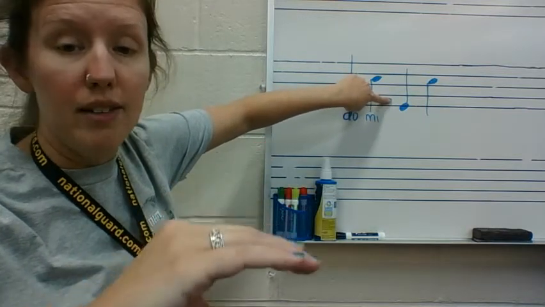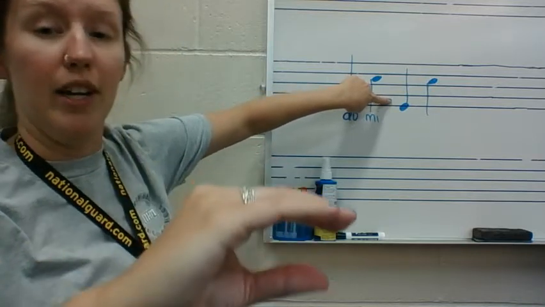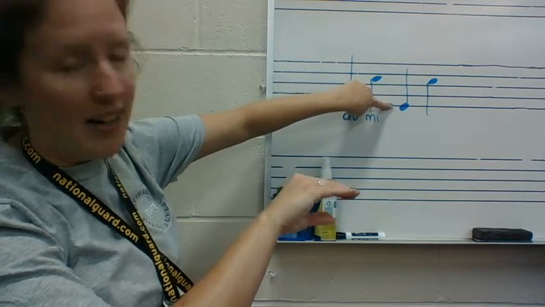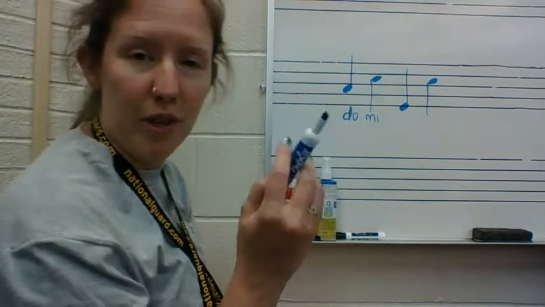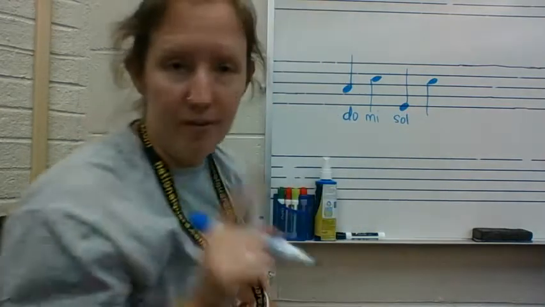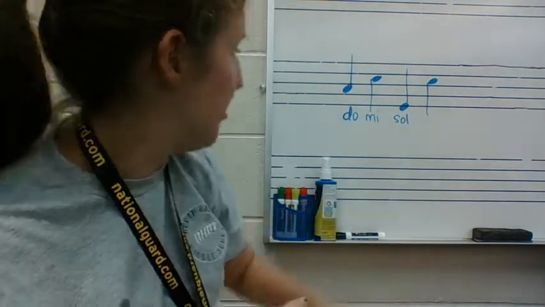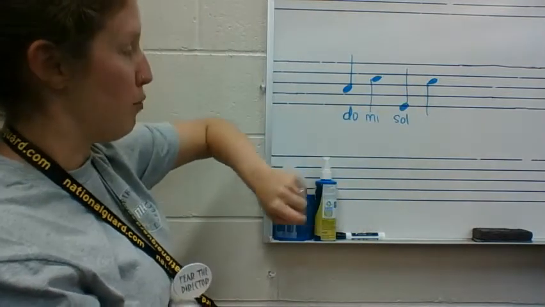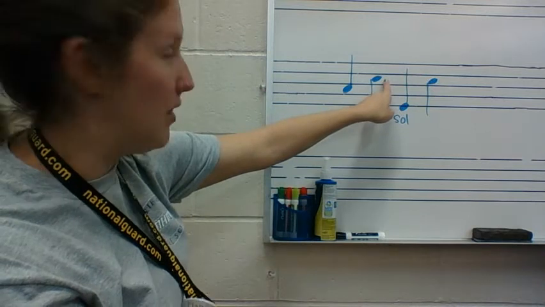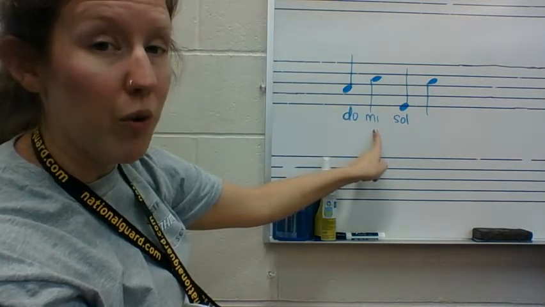The next space then would be la, and I'm running out of camera space. We're going to move it over here, which would make this line so. We'll give so its label. Now, what do you see next? We've got a note up here, but it's on the same space as this note that we have already identified.